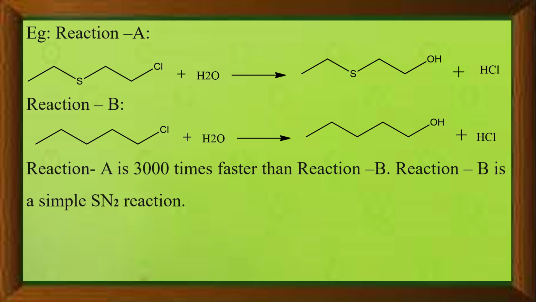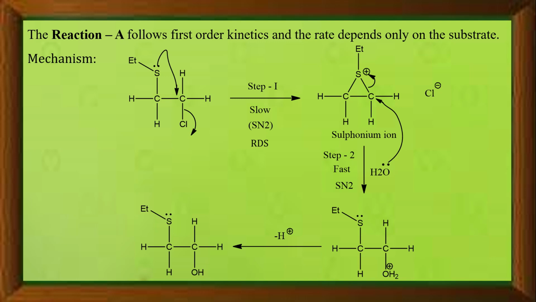The mechanism for the neighboring group participation. In this molecule, the carbon bearing chlorine is the reaction center. This chloride has to be replaced by a nucleophile. But next to this reaction center, the neighboring carbon has a neighboring group which has a sulfur with a lone pair.